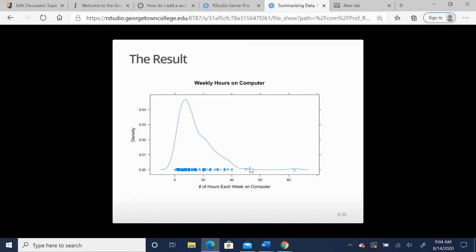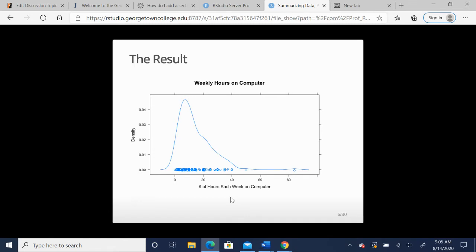The reason this happens is you see we have two results, particularly here, that are considerably higher than all of the rest. Think about getting straight F's in a course all semester, and then you get two really high A's at the end. Obviously, that's going to artificially inflate your average compared to what it normally would look like. That's the same thing that's going to happen here with the number of hours each week on a computer.